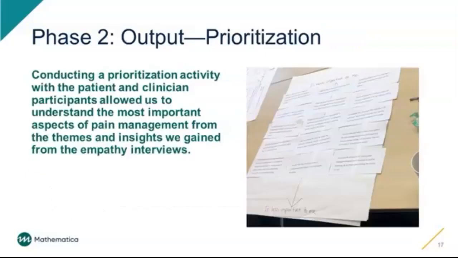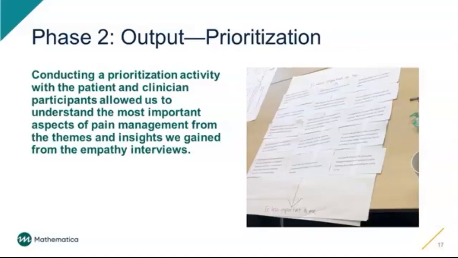So to show you what that looked like, some of the activities that we conducted with them, one of them was this prioritization activity. So this picture shows the list of how we took the design guidelines, and then we asked them to prioritize them on different scales.